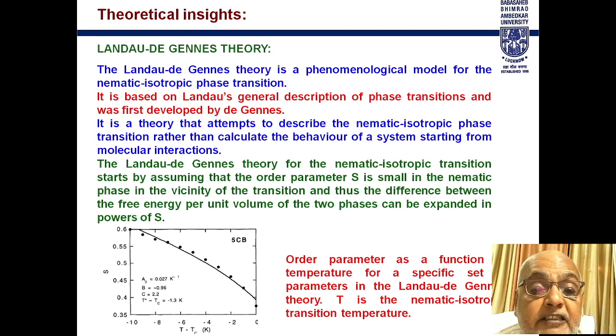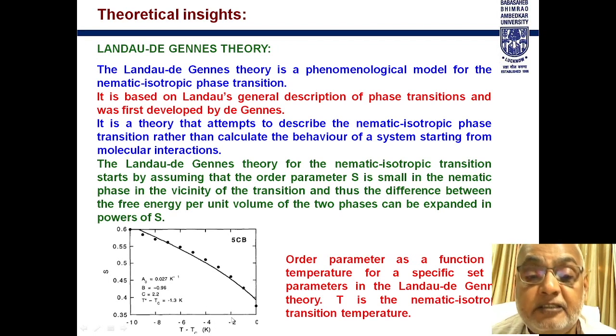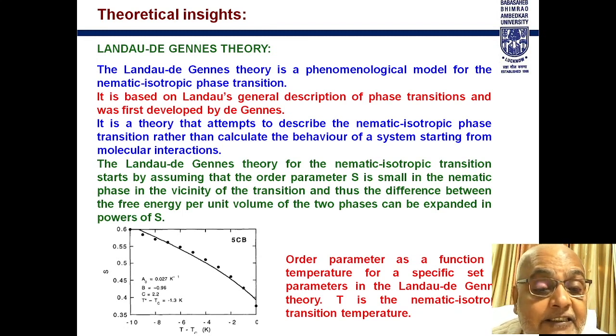The Landau-de Gennes theory for the nematic isotropic transition starts by assuming that the order parameter S is small in the liquid crystal phase in the vicinity of the transition, and thus the difference between the free energy per unit volume of the two phases can be expanded in powers of S. This is a diagram of the order parameter as a function of temperature for a specific set of parameters of Landau-de Gennes theory. T is the nematic isotropic transition temperature.